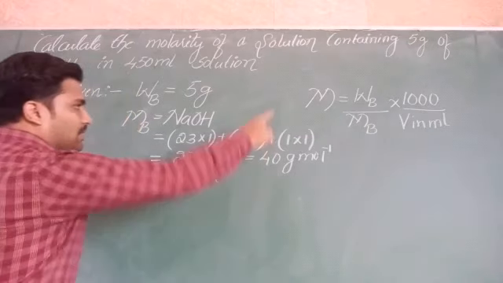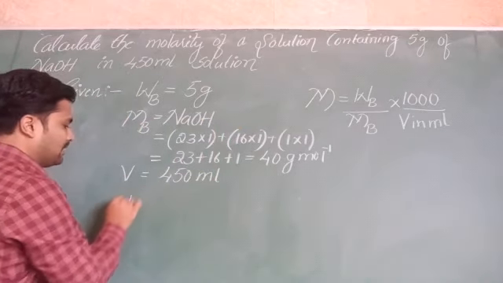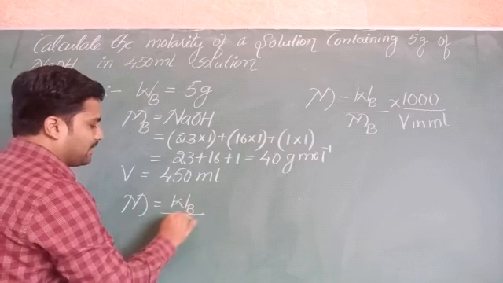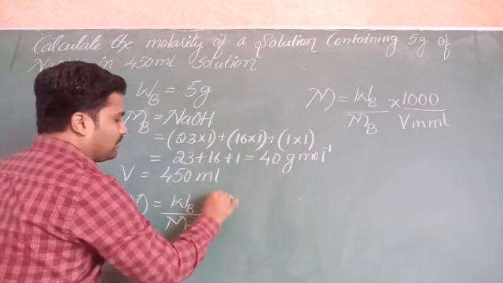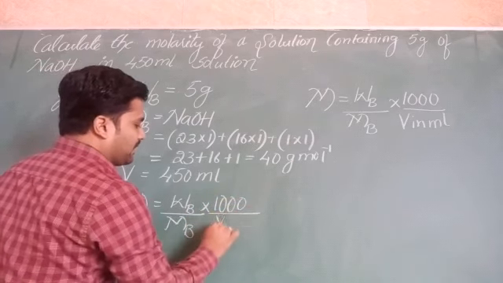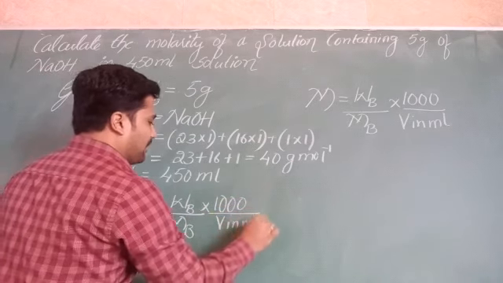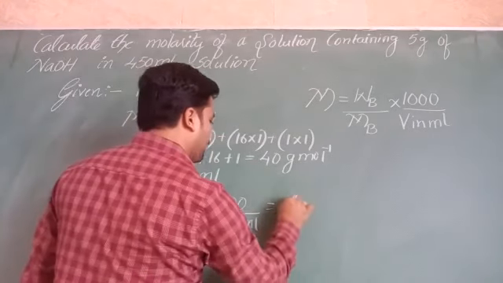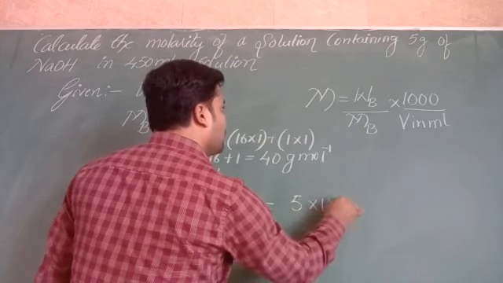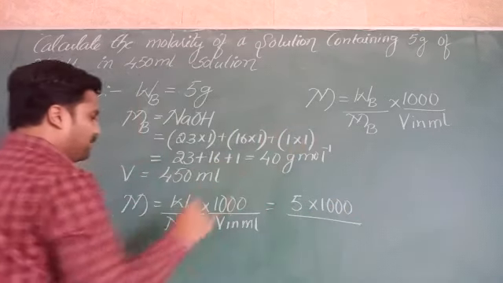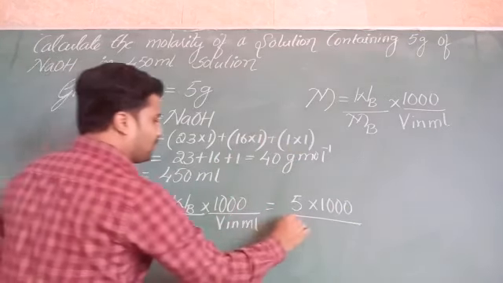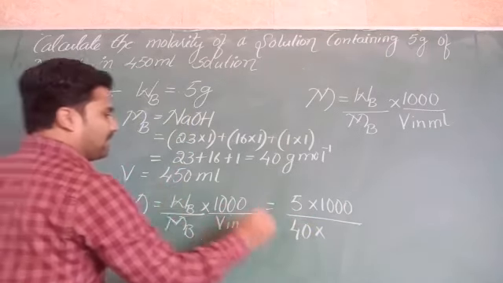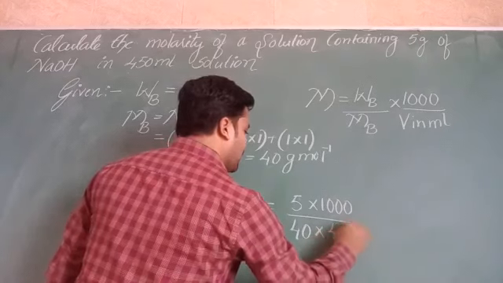Now you substitute in that formula, that is M is equal to WB by MB into 1000 divided by V in ml. So WB is 5 gram into 1000 divided by MB, that is 40, into V in ml, they have given 450.